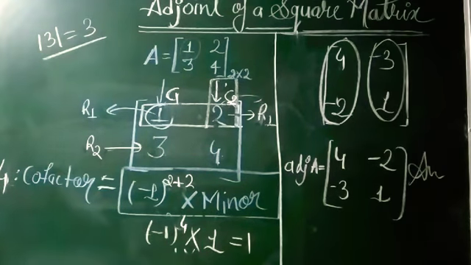So here, for finding adjoint of a square matrix, first we will find the cofactors of each element, and after then find the transpose of this matrix. And we know for transpose of this matrix, we interchange row to column.